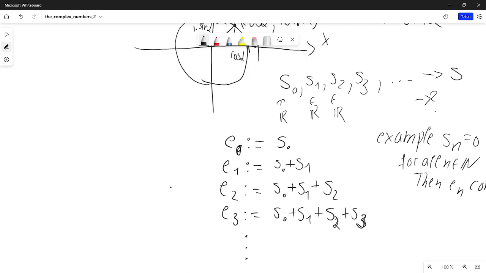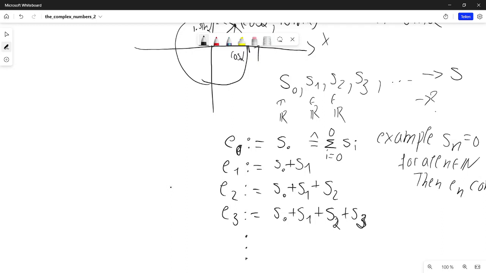And this is, by the way, how I define it. I define the sum from i equals 0 to 0 of S_i as S0. I define the sum up to 1 as 0 plus S1, and so on. I don't know if you are familiar with that notation. You see, this denotes a sum, a sum over S_i.